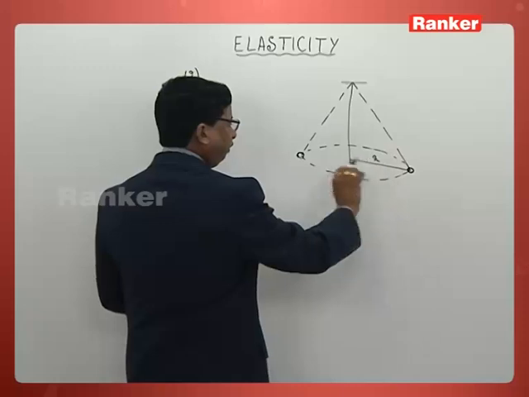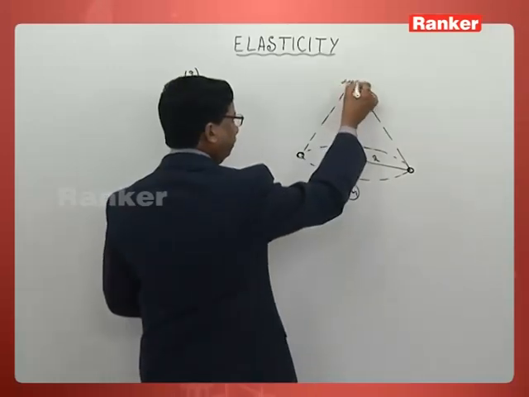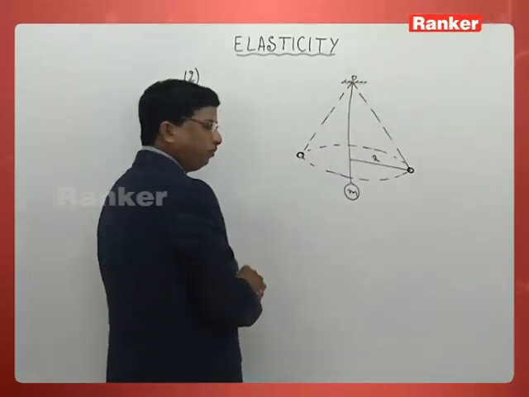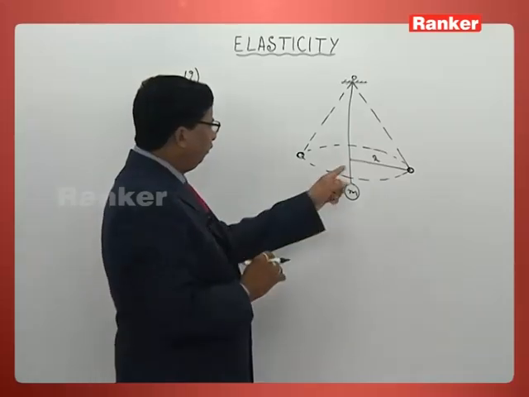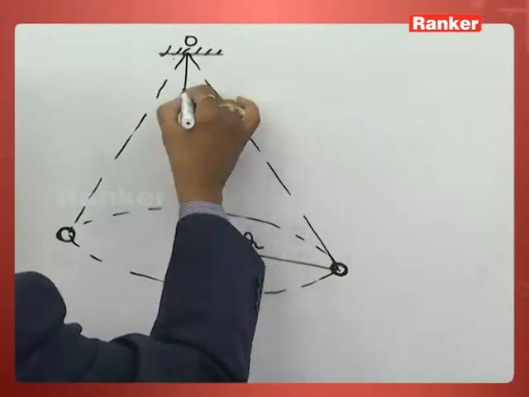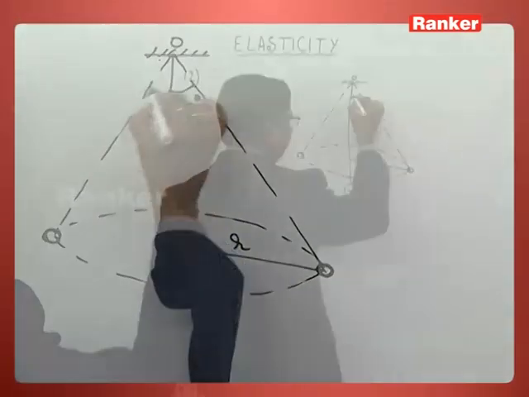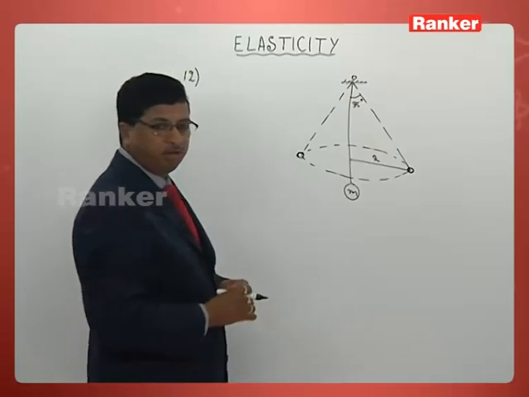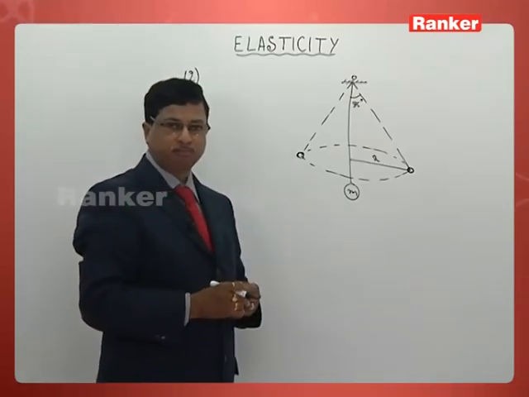And of course, this is the way the body is being rotated. When you consider this body here, it is now making an angle 85 degrees with the vertical. That has been very clearly given in the problem.